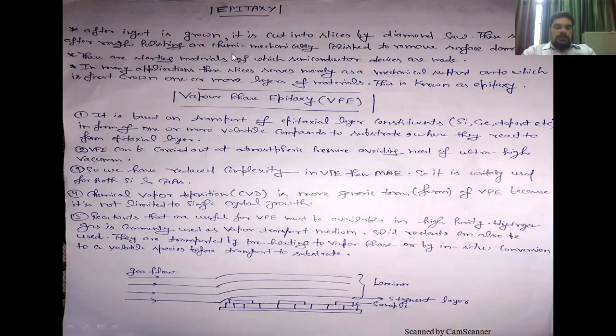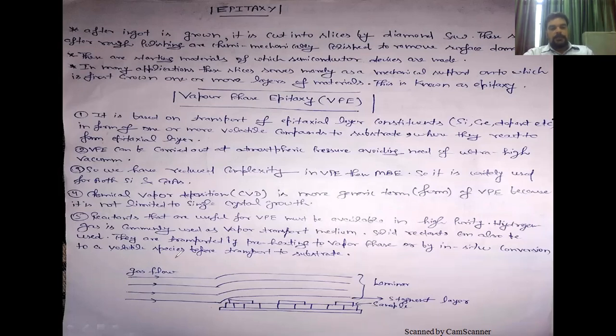In this diagram you can see that we have a reactant gas flow here, and we have this sample substrate, the substrate onto which we want to grow the epitaxial layer. This is the stand on which the samples are placed, commonly known as the susceptor. There is a gas in the form of volatile compounds, so whatever constituents we want to deposit onto the substrate are in this gas flow.